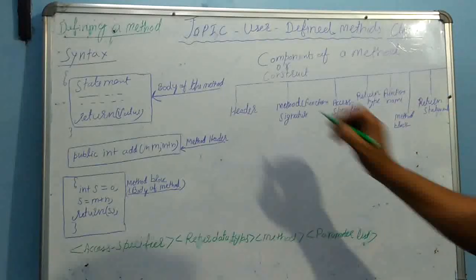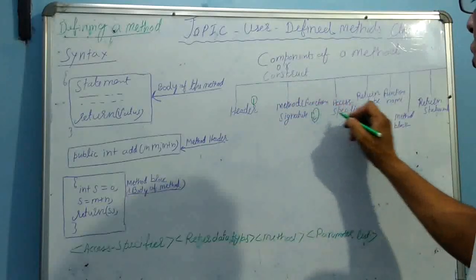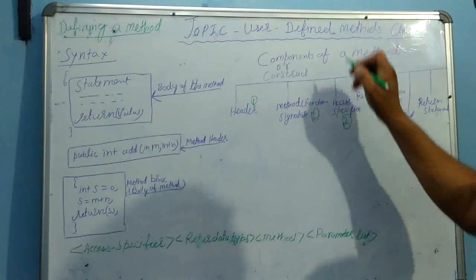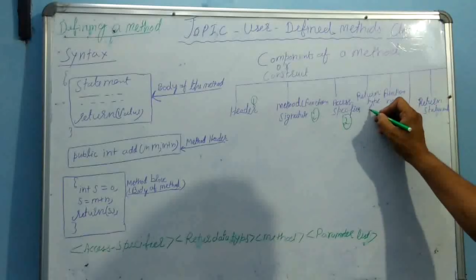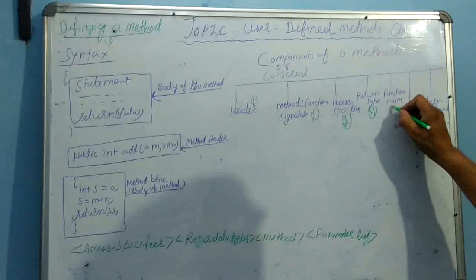So these are the 7 components of the method.